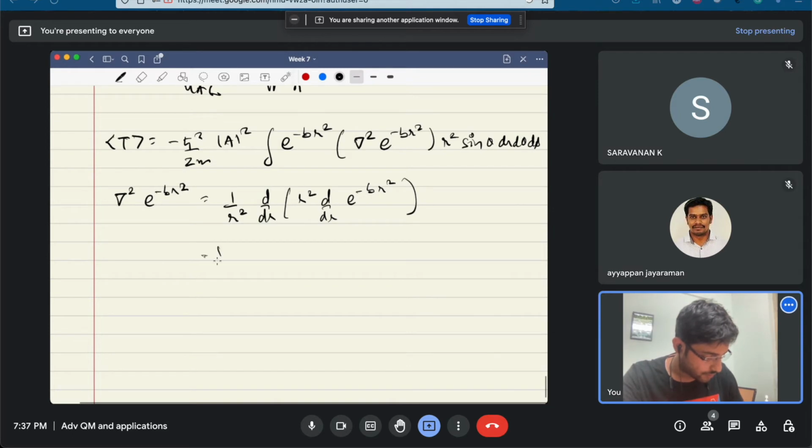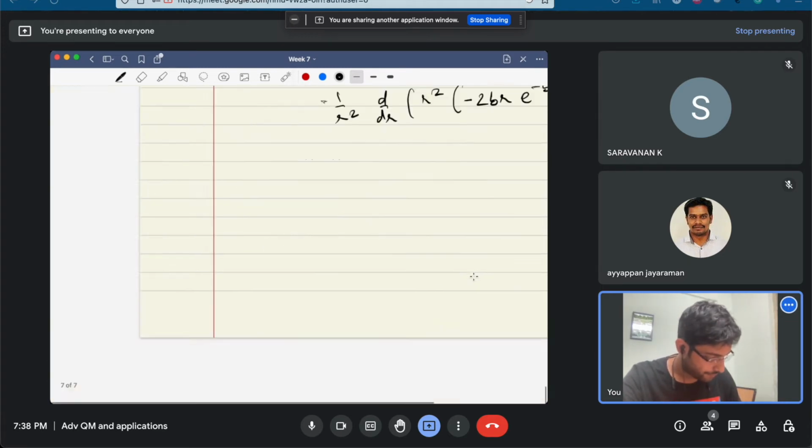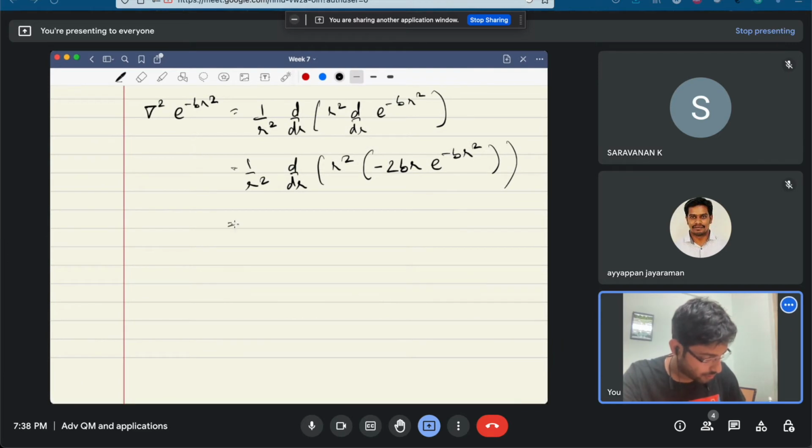Okay, so this essentially we get d by dr, we have r square, we get minus 2br e to the power minus br square, done. And then when we take the derivative, we get r cube here, so let's take the minus 2b outside.